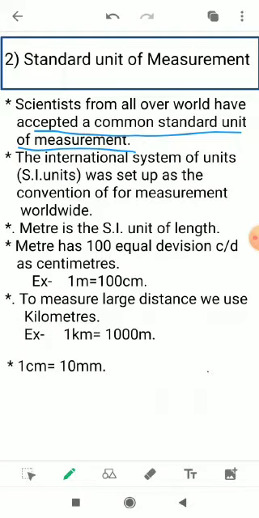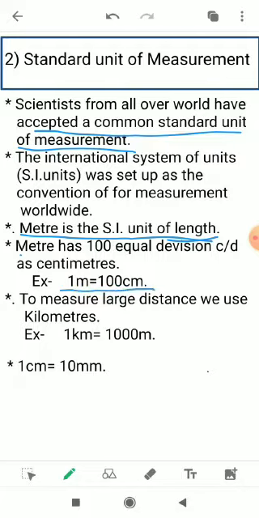So they have given the meter as the SI unit for length, and many more units for measuring objects smaller or longer than a meter. They have proposed that 1 meter is equal to 100 centimeters.